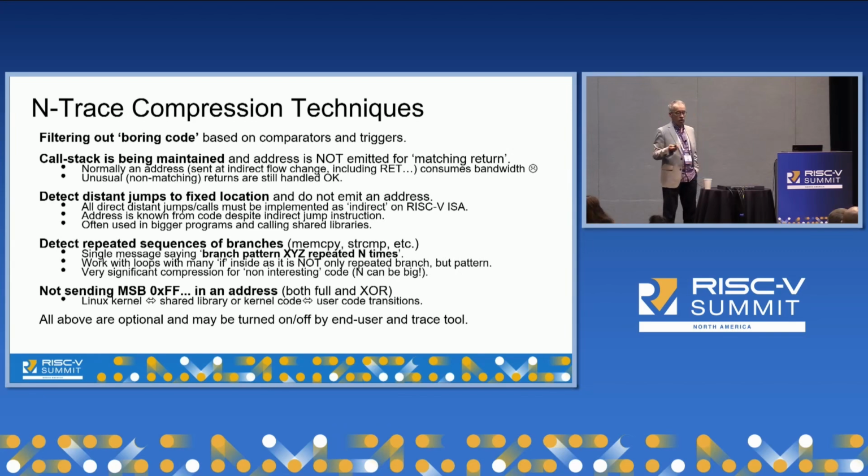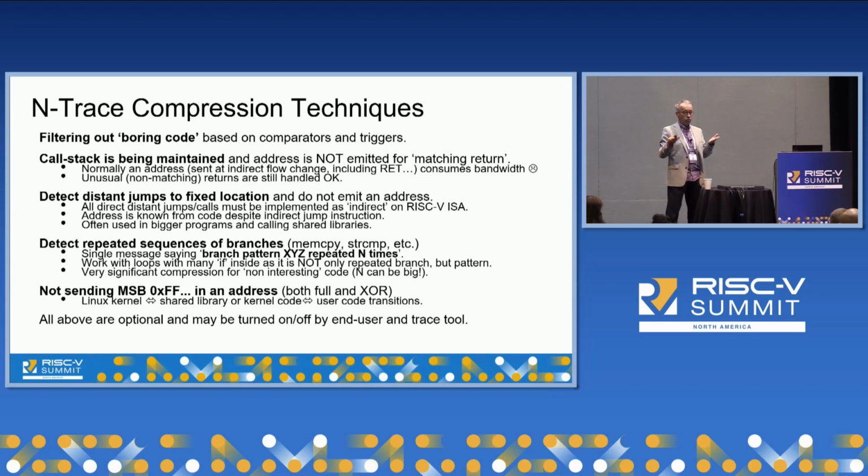The other compression technique we can utilize is that you can maintain the call stack. Every time you call, you push a return address, and then when you experience a return instruction, normally a return is an indirect address. You don't know where it's returning by looking at the code. But because you saw the call, you can skip the return when it comes back properly.